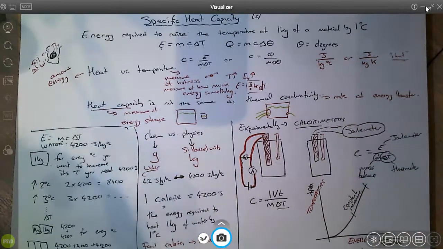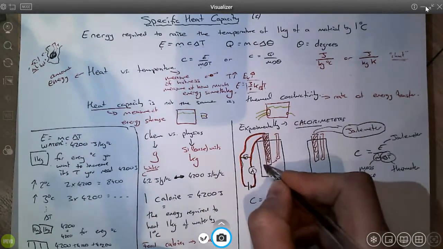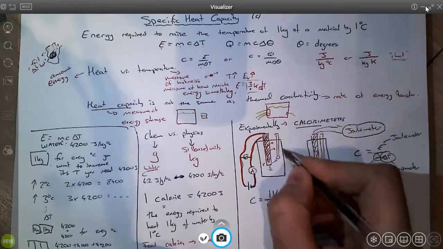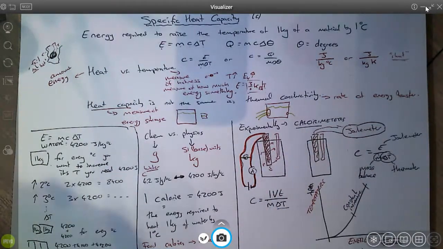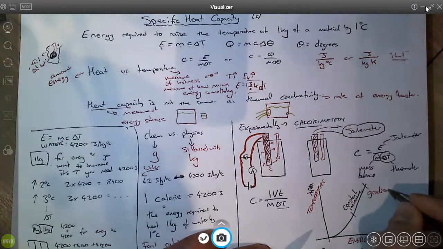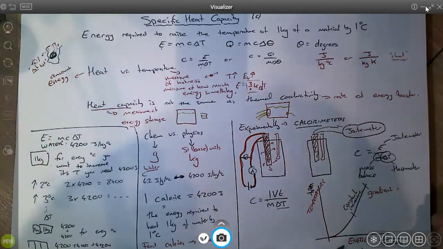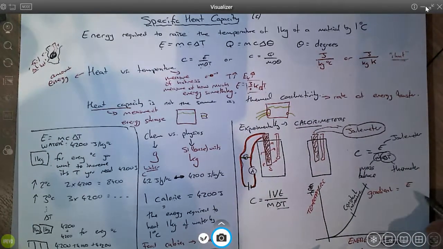So this obviously represents the fact that the heat takes a bit of time to travel out from the heater, takes a bit of time to get to the thermometer and heat it up. So now what we can do is take the gradient of this constant section. Sorry, no, we don't.